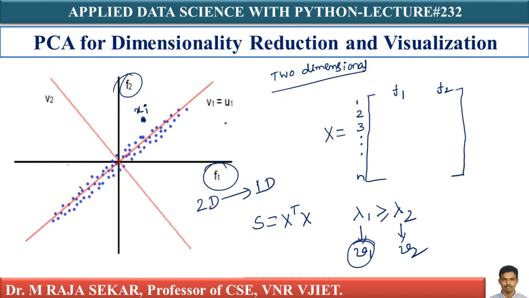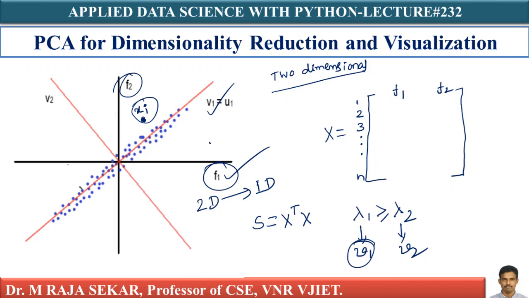Instead of projecting this Xi onto F1, the best direction to project Xi is V1, because that explains most of the variance, thereby retaining most of the information. I already discussed this concept in my previous lectures.